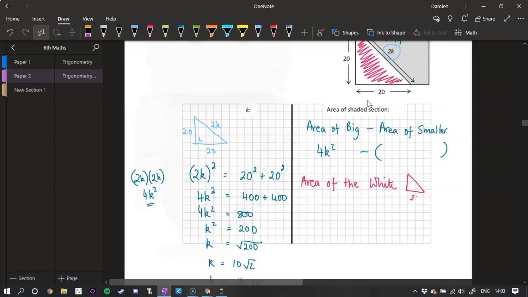If it's 20 here and it's 20 here, half of the base multiplied by the height is going to be 1/2 times 20 multiplied by 20. So that equals 1/2 of 400, which is going to give us 200. So it's 4k squared minus the area of the smaller, which is 200.